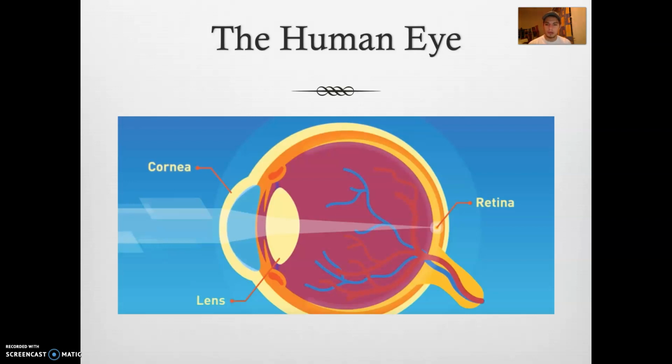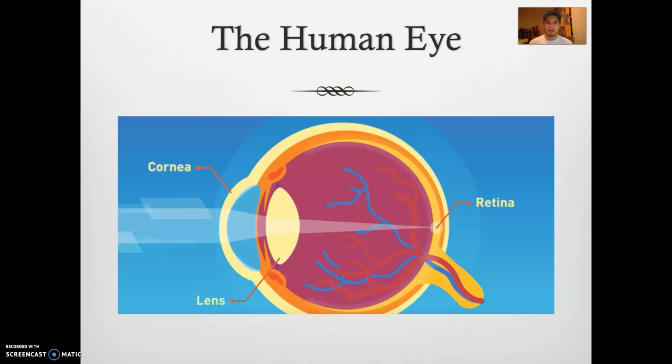We're going to start with the cornea, which is the outer part of the eye, and the lens, through which the light goes and condenses, so it can focus right on the retina, where we perceive the image light and form images in our brain, so we can perceive.